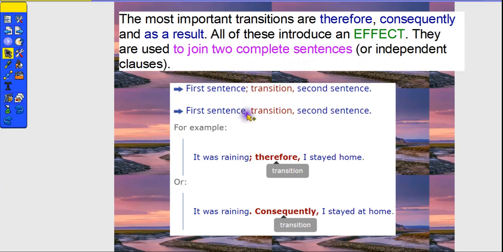Remember the usage of correct punctuation before the transition. For example, it was raining, therefore I stayed home. Or in this case, with a period: it was raining. Consequently, I stayed at home. Here, we have to use a comma as well. Be careful with that, please.